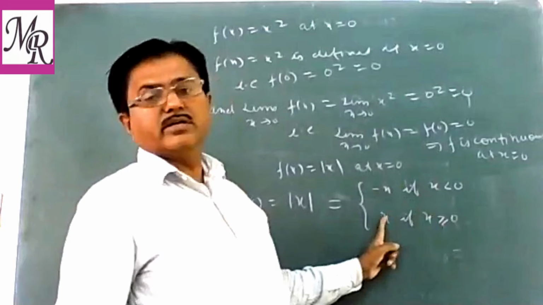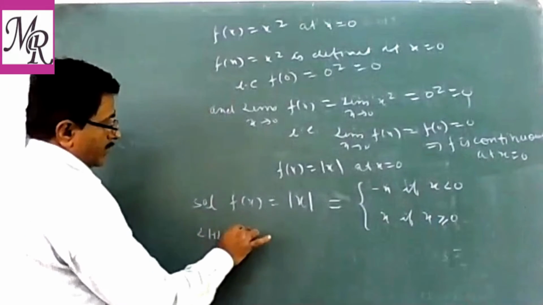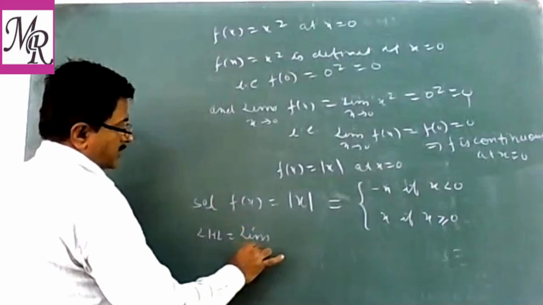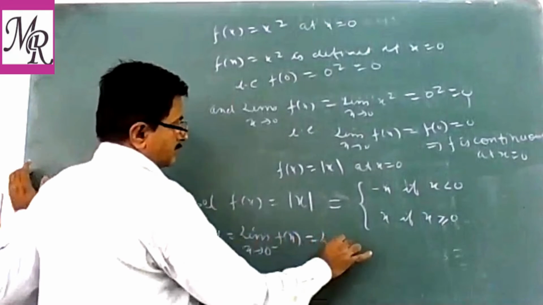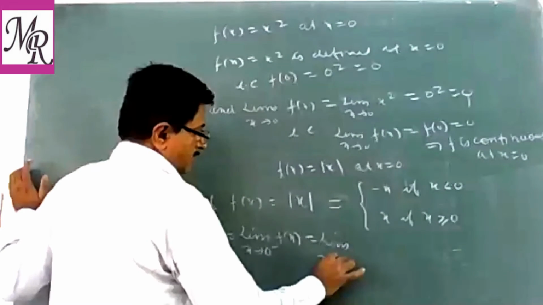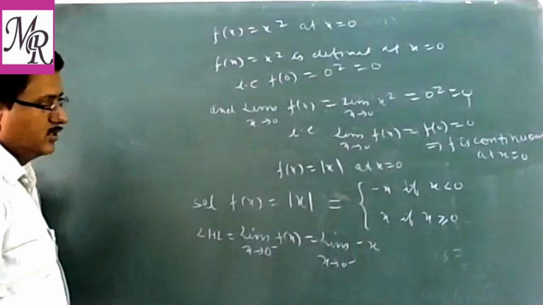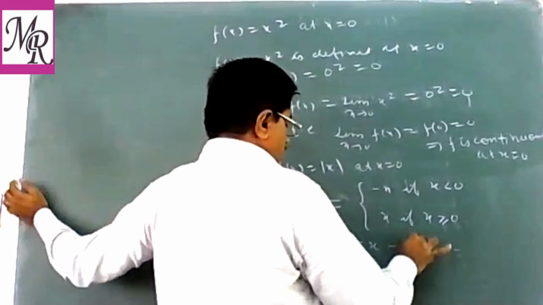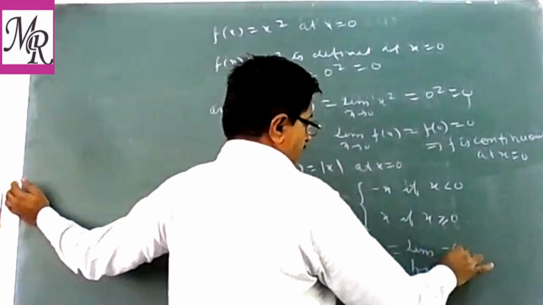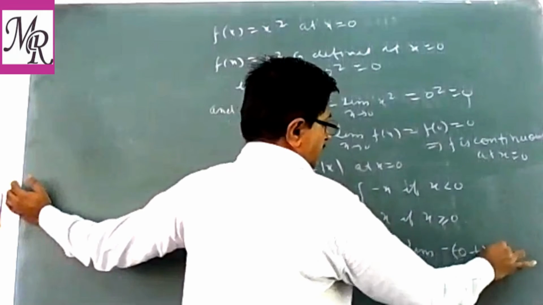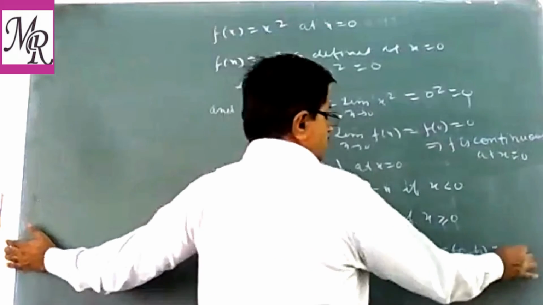So that's why it is defined this way at x equal to 0, left hand limit this and right hand limit this. So here you have to find the left hand limit. Limit x tends to 0 minus, that is minus x. So if you put 0, then it is 0.